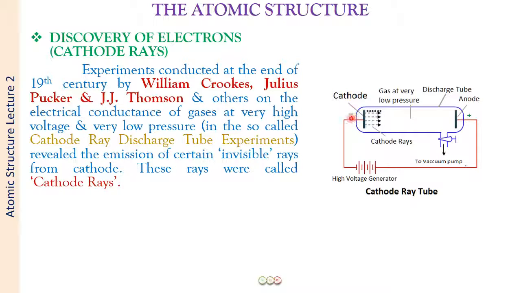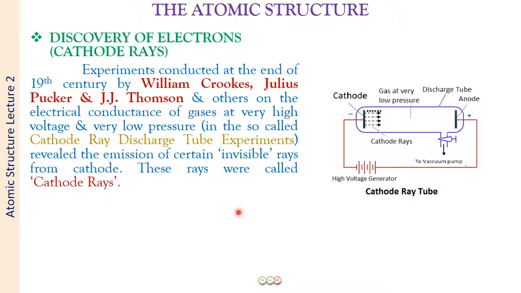The electrodes were connected to a high voltage generator, which could generate a voltage as high as 10,000 volts as required for the experiment. The electrode connected to the negative terminal of the generator was called the cathode, and the one connected to the positive terminal was called the anode. So this is the construction of the cathode ray tube apparatus.